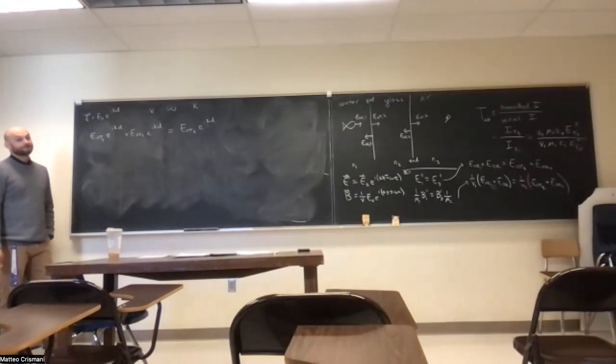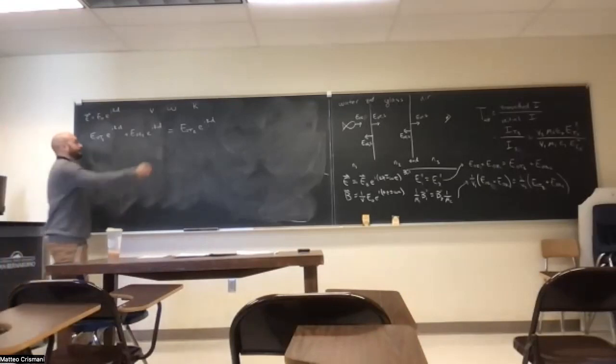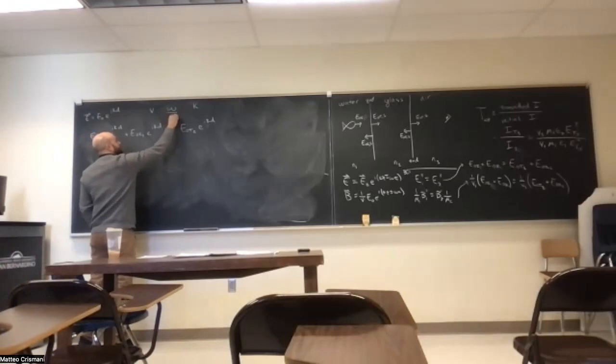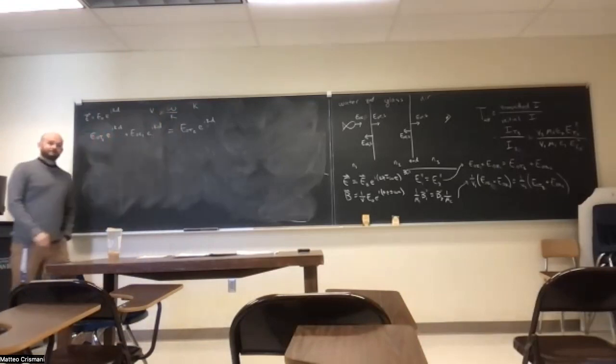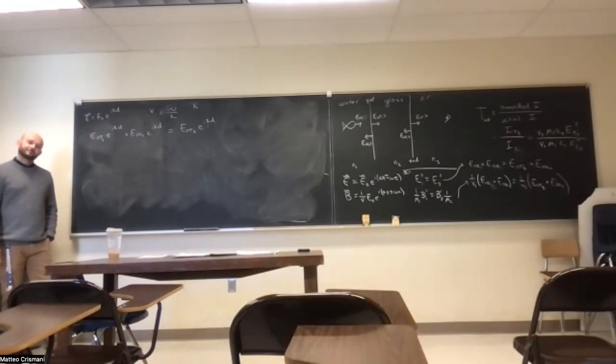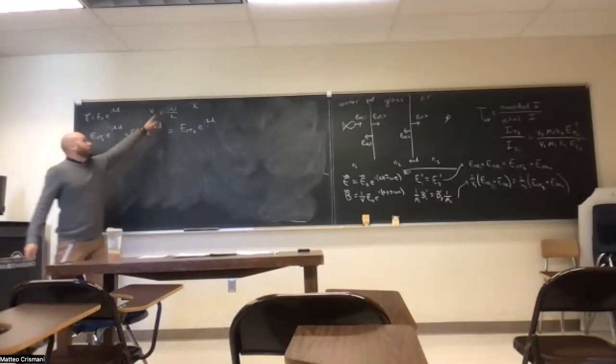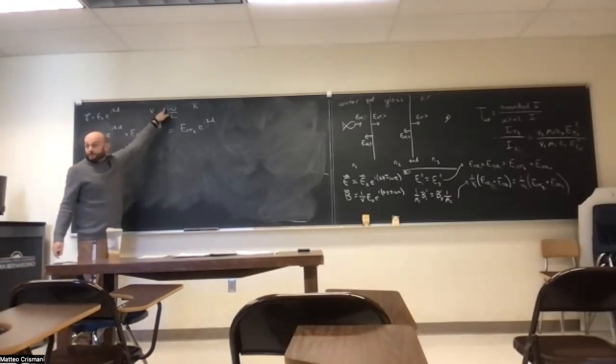Omega is equal to kv, yes. Is it v or is it frequency? Okay, so omega has units of 1 over time, and k has units of 1 over length.